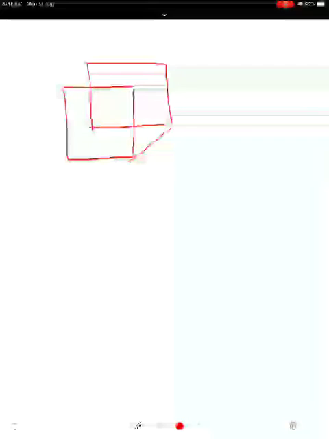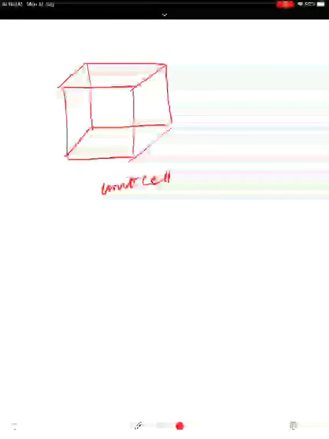So, a cubical crystal lattice. I am going to draw a cubical crystal lattice. This is the unit cell of a crystal lattice. This unit cell is of cubical shape.